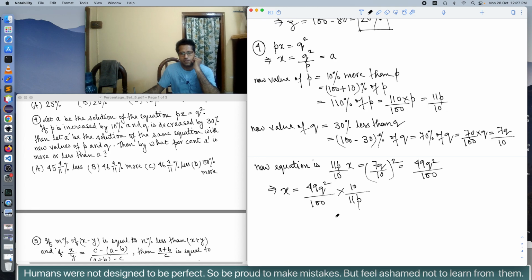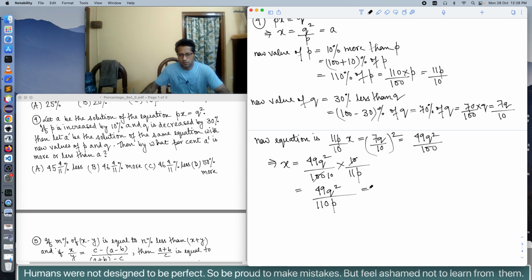If you simplify, 10 cancels 100 with 10 and we have 49q square by 110p.